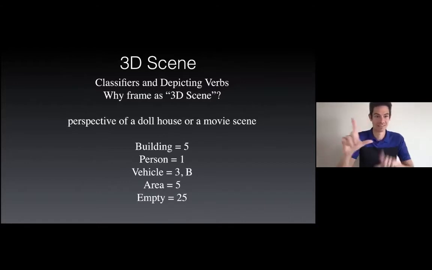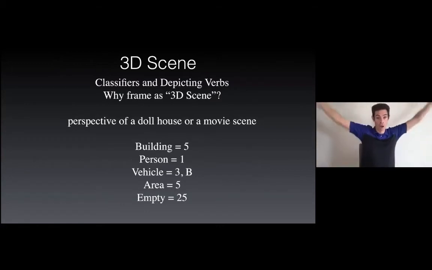Okay, so now moving on to 3D scene. The reason that I call it 3D scene is because it's like if you think about a dollhouse, as I'm describing the dollhouse, a person comes up and looks at it, or maybe a camera frame is looking at the dollhouse. And it's kind of nice because you can translate different sizes.